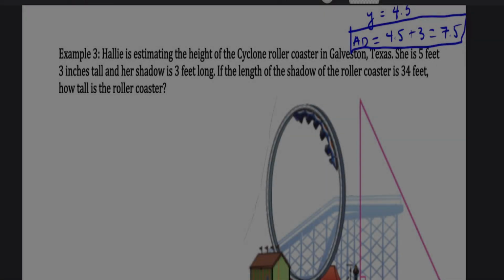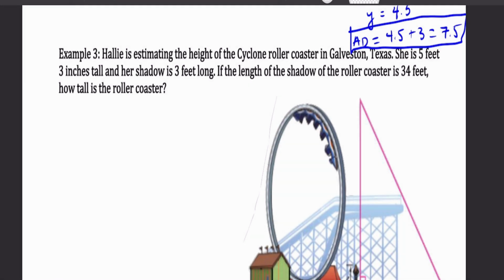Example 3. Holly is estimating the height of the Cyclone roller coaster in Galveston, Texas. She is 5 feet 3 inches tall and her shadow is 3 feet long. If the length of the shadow of the roller coaster is 34 feet, how tall is the roller coaster? So, here are some things that we need to note.